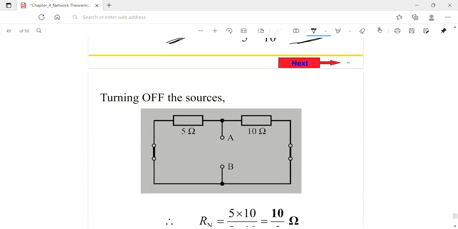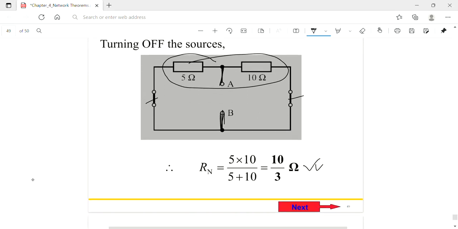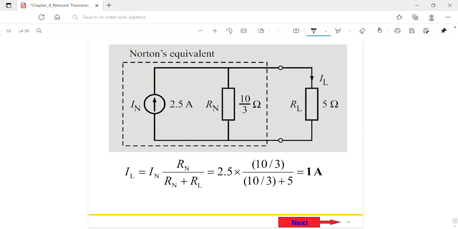After that, we sort out all the sources, and these two are connected in parallel because there are two different junctions here. So here we can calculate the Norton's resistor, and then easily in the load resistor, using the current divider law, we can easily calculate the load current.